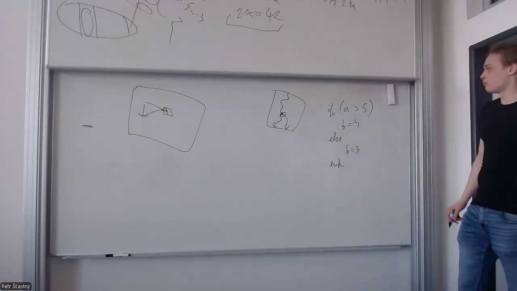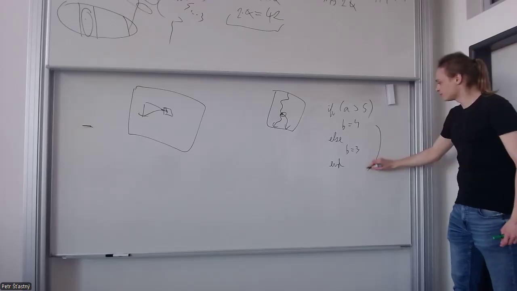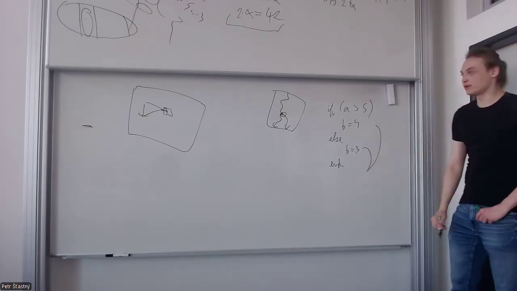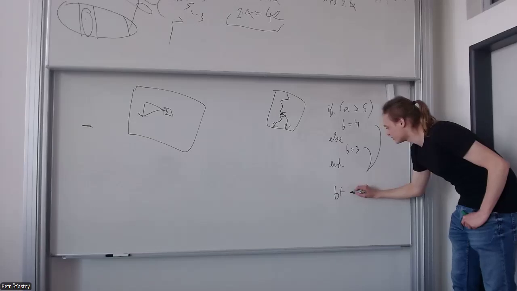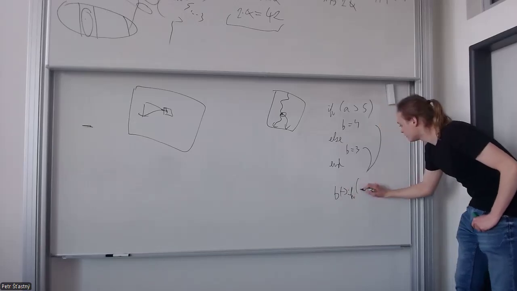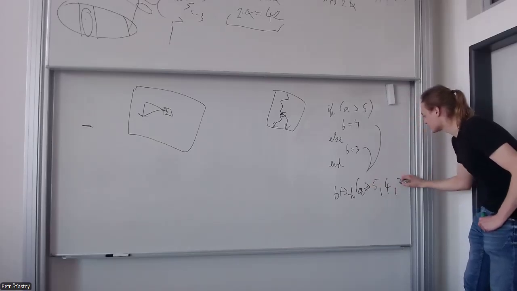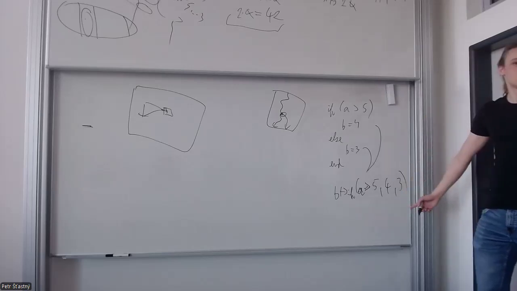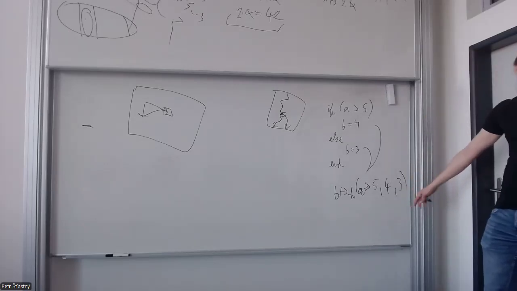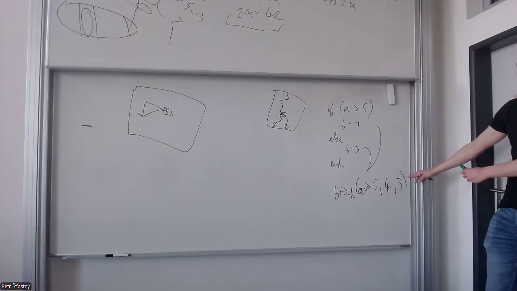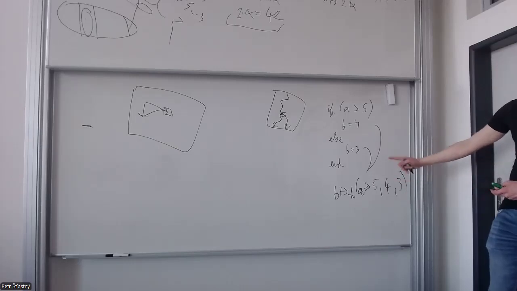Then we could merge those two states together into something that will assign b something like: if a is bigger than 5, assign 4, else assign 3. So using some capabilities of the SMT solver, we can do this kind of reasoning. We can actually merge states into something similar.